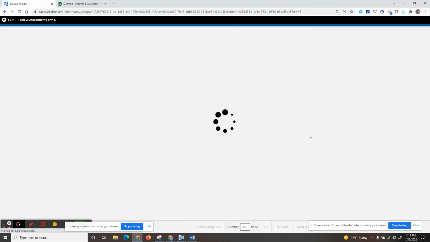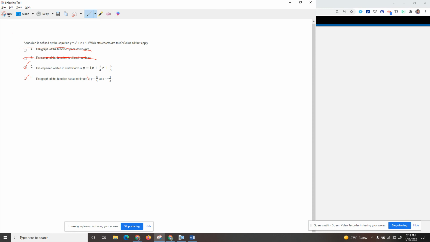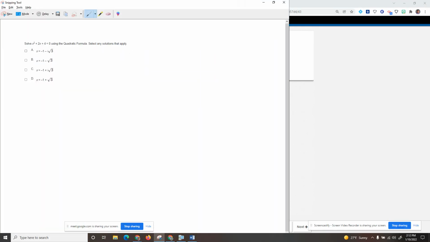Let's look at number 15. So x squared plus 2x plus 4, we're going to solve that using the quadratic formula. So we did that right before break. So the formula is x equals opposite of b plus or minus square root of b squared minus 4ac, all that divided by 2a.